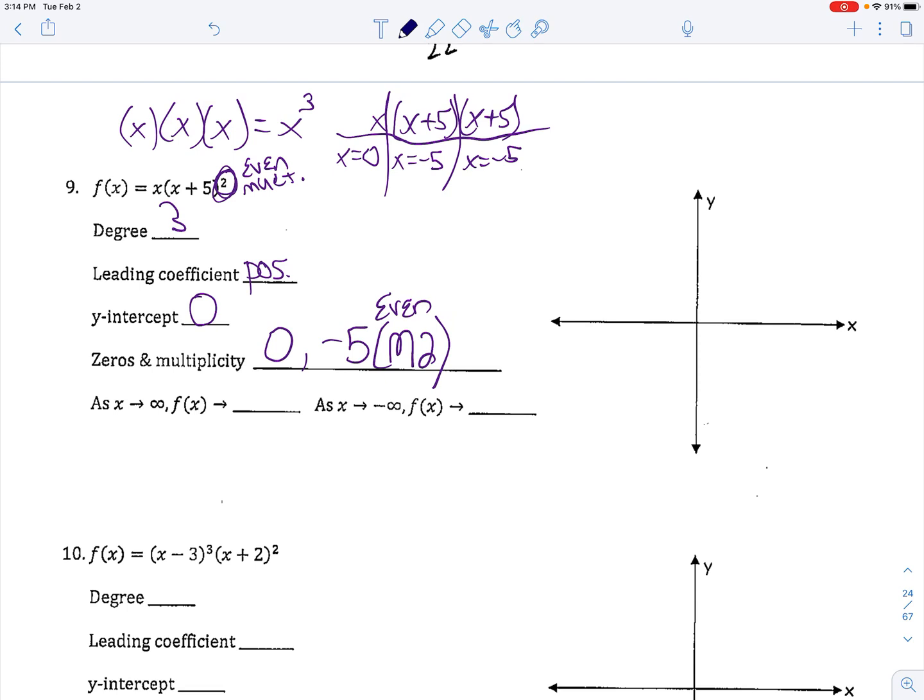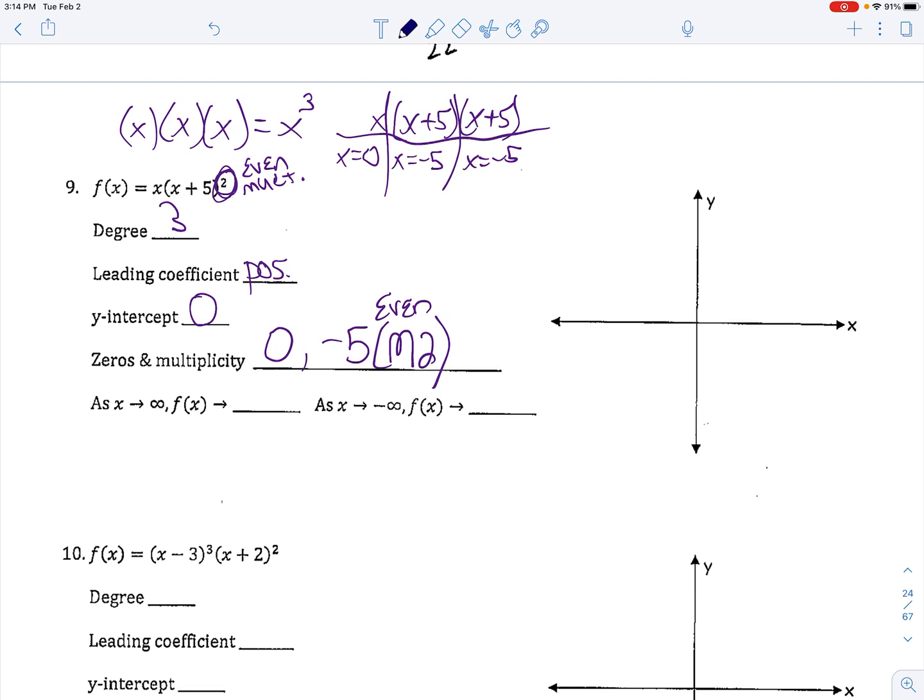So a degree 3 with a positive leading coefficient is going to end high. Remember, a degree 3 or any kind of odd degree polynomial function, the end behavior is different. One end is up, the other one is down, and vice versa.